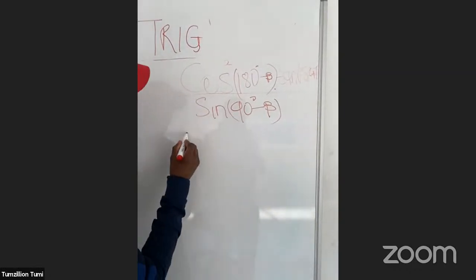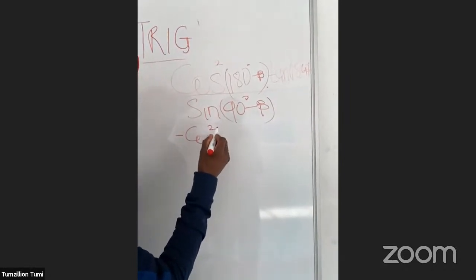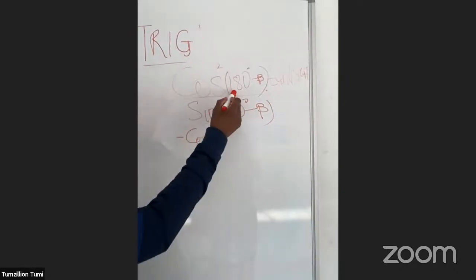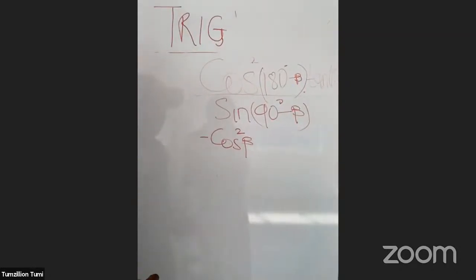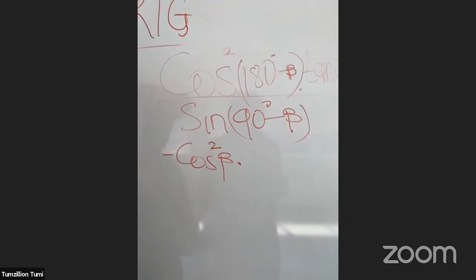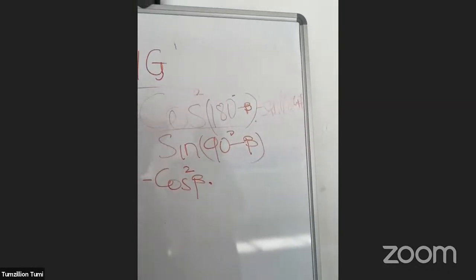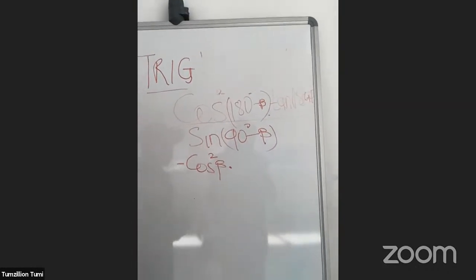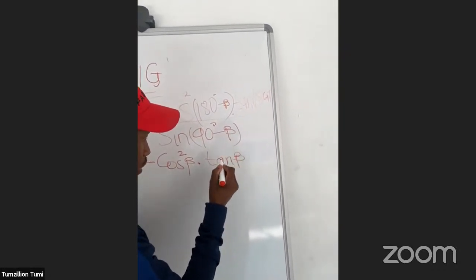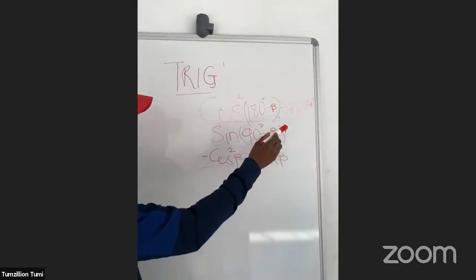So the first thing is to write negative cos squared beta, because this means second quadrant. It is multiplied by tangent 180 plus. 180 plus is the third quadrant, and we know that tangent is positive there, therefore tangent will remain tangent beta.